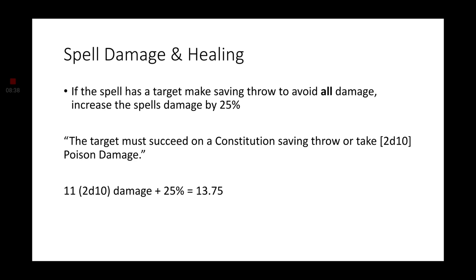The target must succeed on a Constitution saving throw or take 2d10 poison damage. So if the creature were to succeed this save, no damage, no problem. So, with this in mind, the average damage that this spell would produce is 11. Increase that by 25% and you've got 13.75 damage.